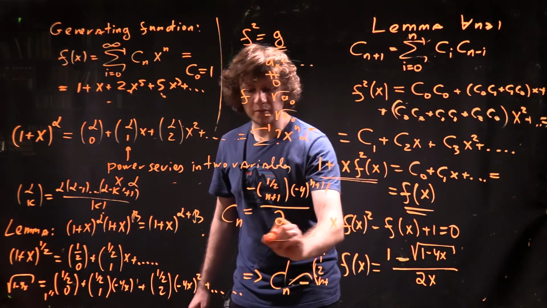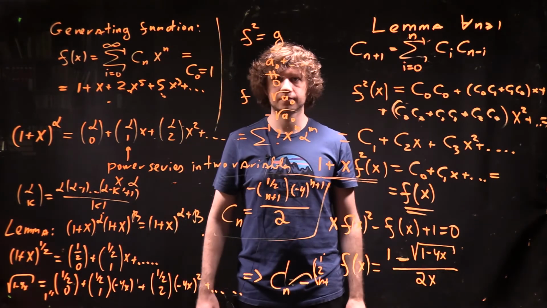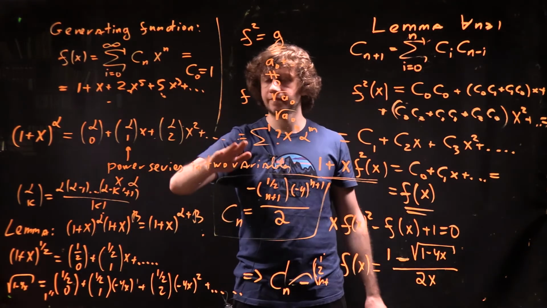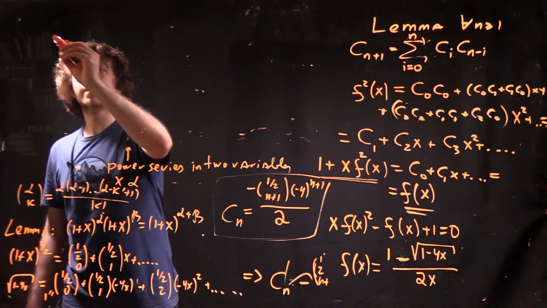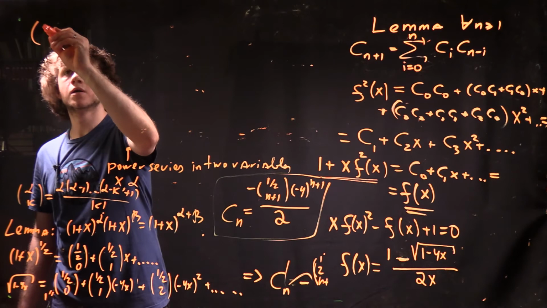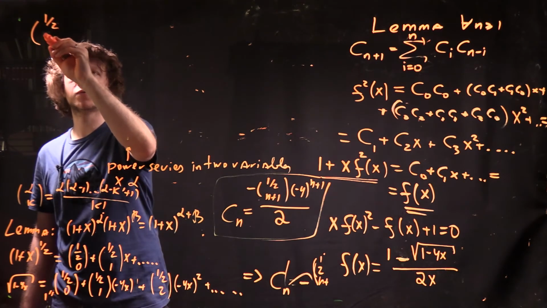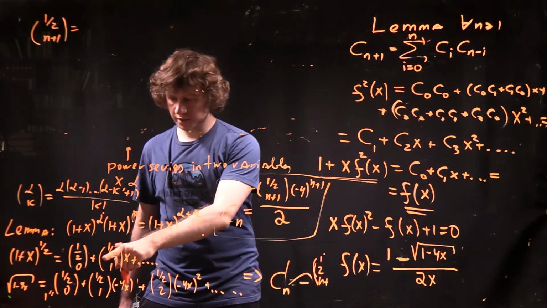So this is the formula, and of course it looks terrible, so let's simplify it. I will erase this part now. Let's see what (1/2 choose n+1) is.